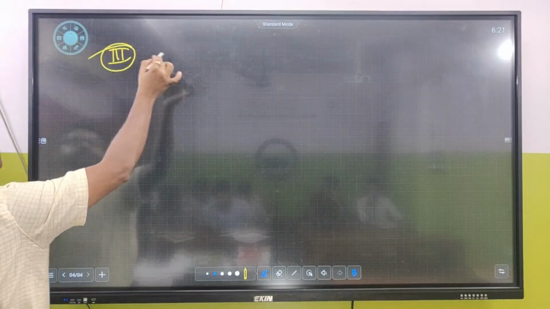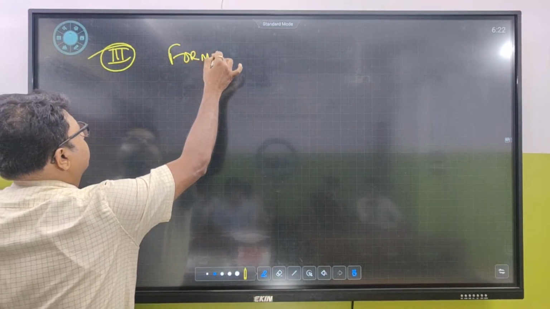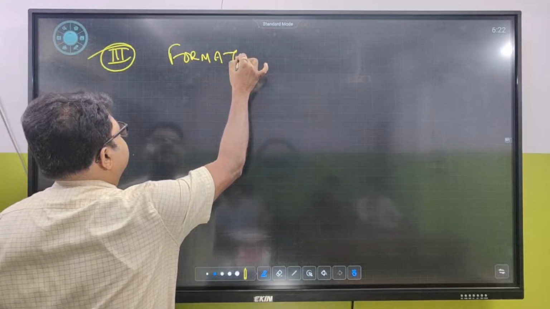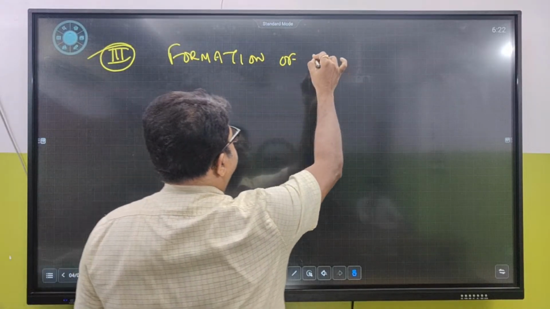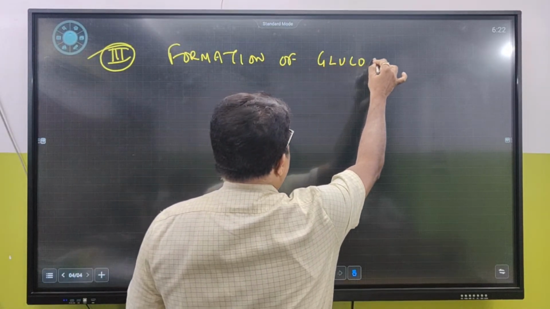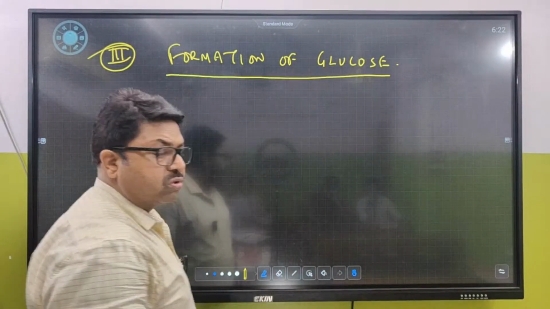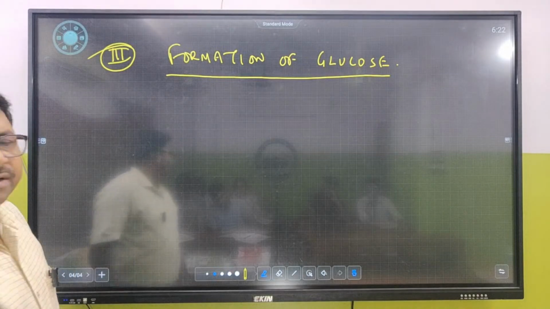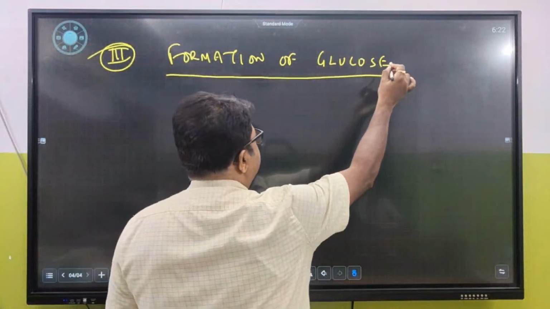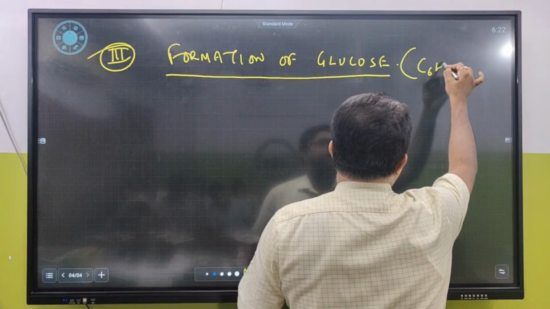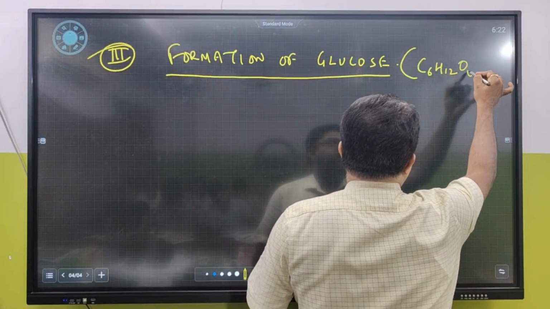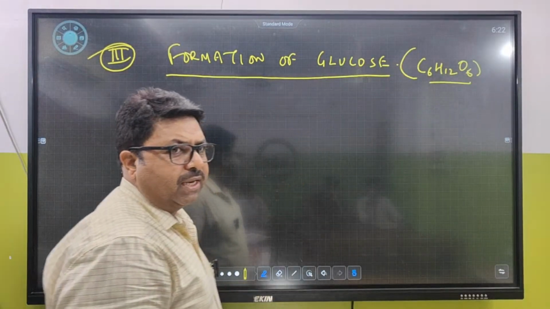The third step is the formation of glucose, C6H12O6. This is the ultimate step that we require. For glucose formation, what is needed?